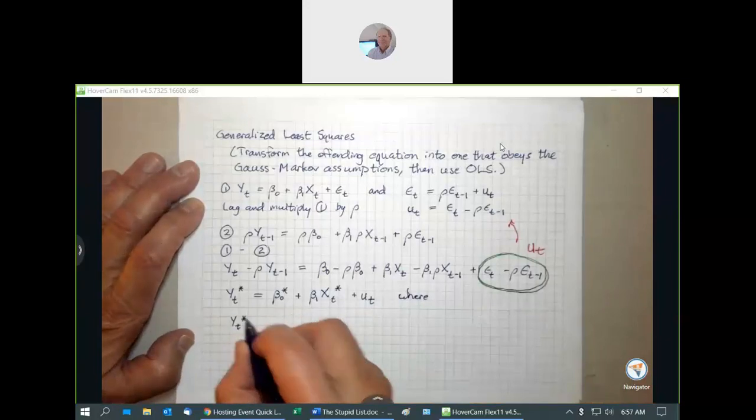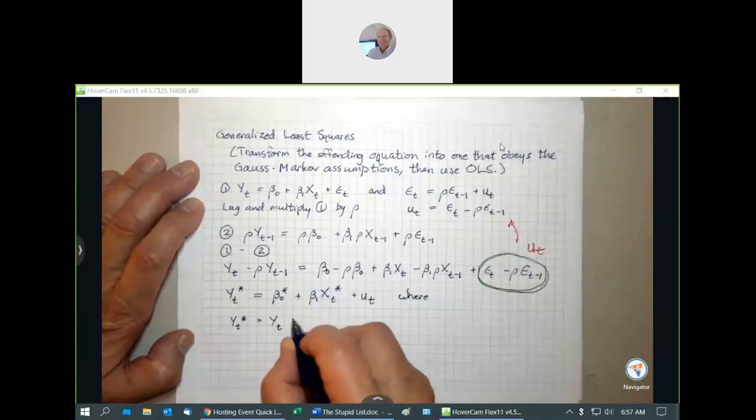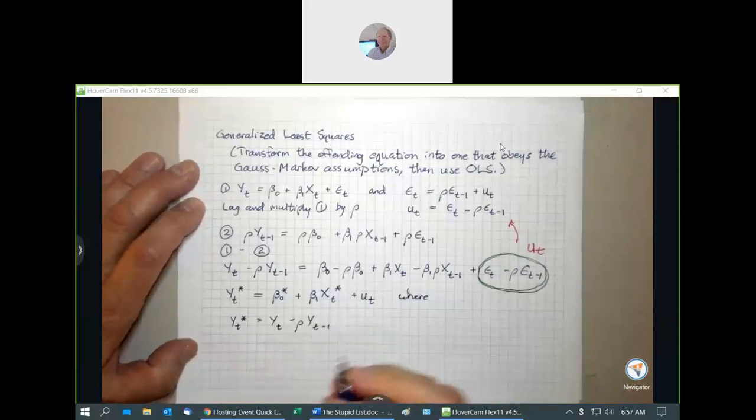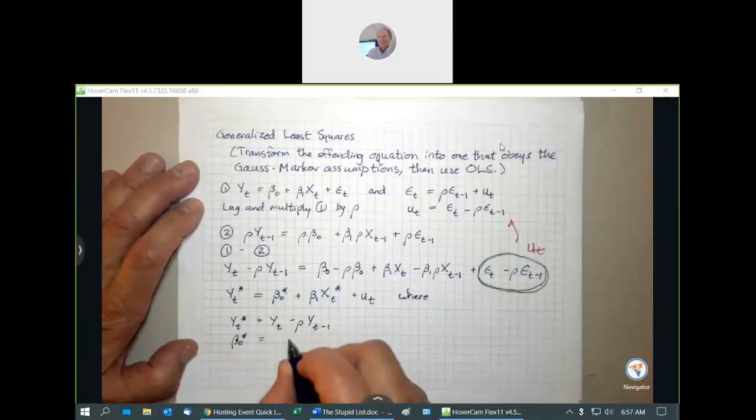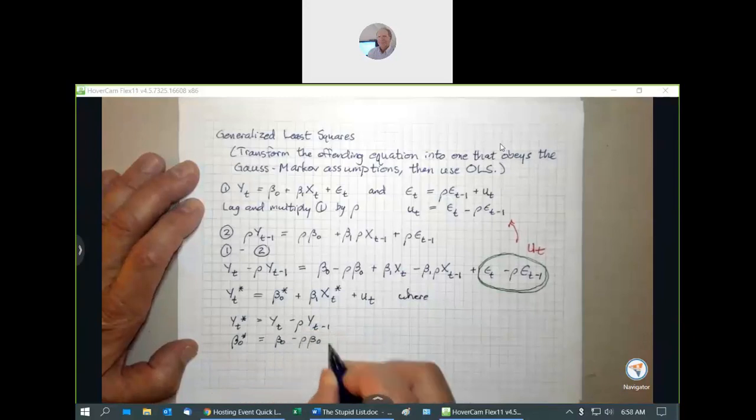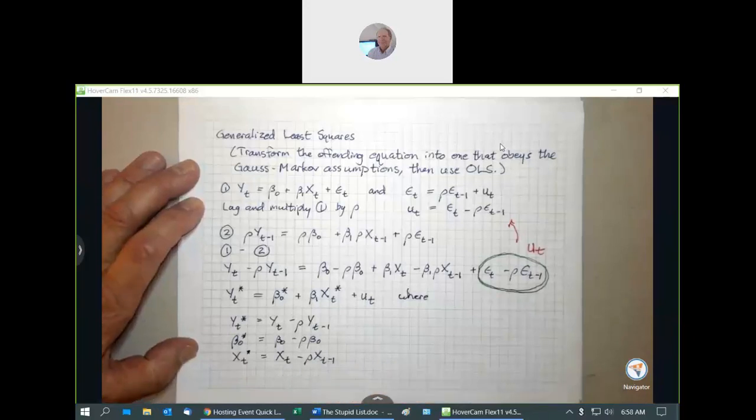Yt star is equal to yt minus rho times y in time t minus 1. Beta 0 star is equal to beta 0 minus rho times beta 0. And xt star is equal to xt minus rho times x in time t minus 1.